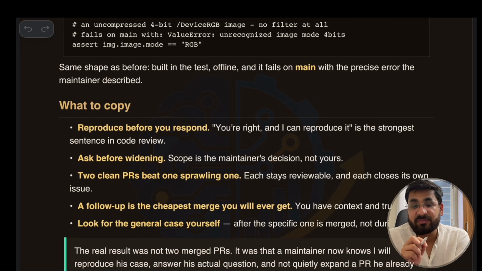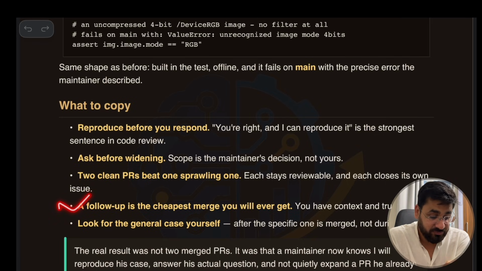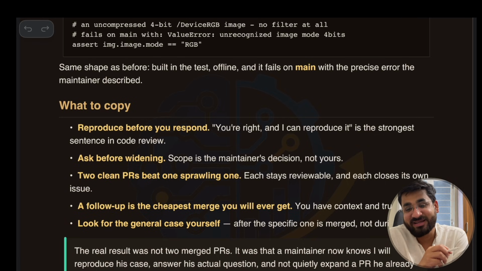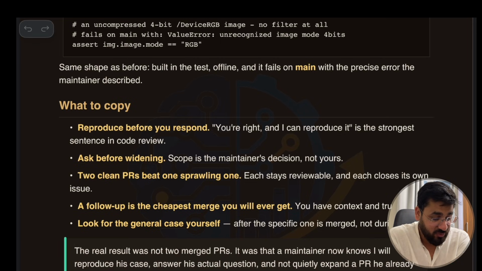I asked him what he wants, and two clean PRs beat one sprawling one. And a follow-up is the cheapest merge you can ever get. So I took the follow-up and looked at the general case myself. Now I understood how to think in terms of the general case, not only the scope radius of that particular PR.